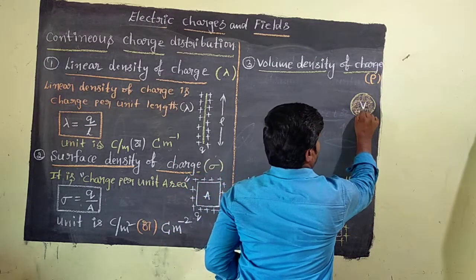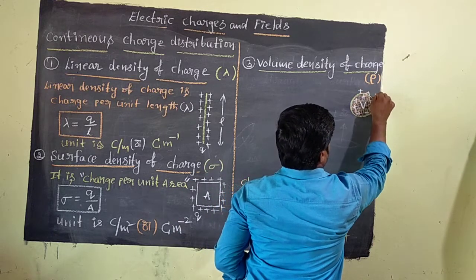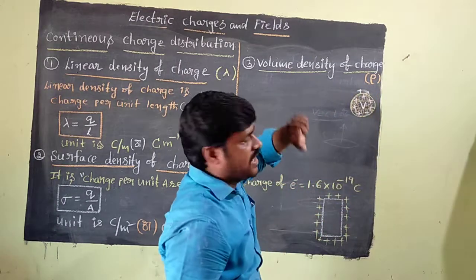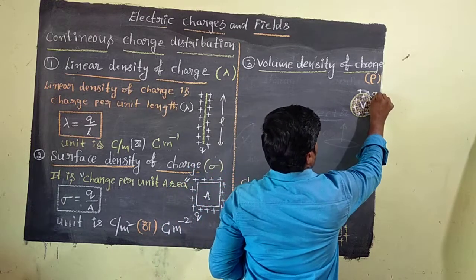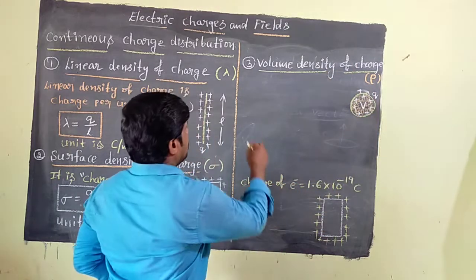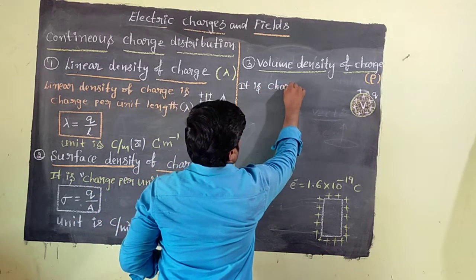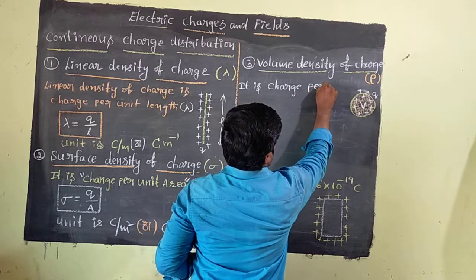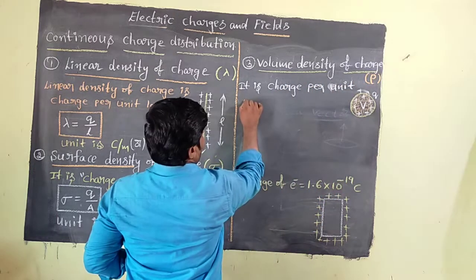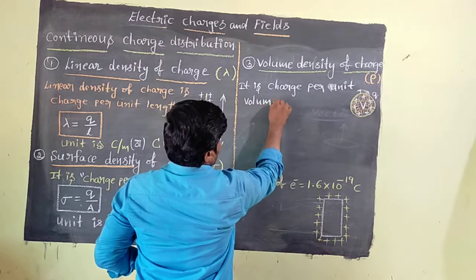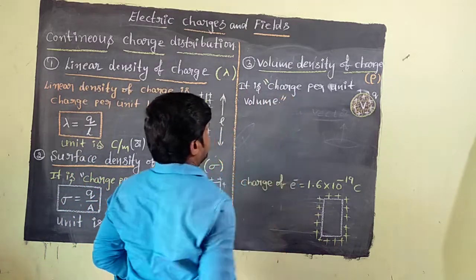If you give charge to this, how much amount of charge are we giving? Q amount of charge. So here volume charge density is charge per unit volume on a body.